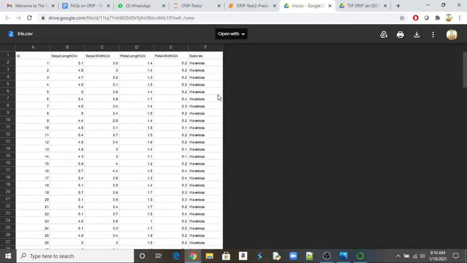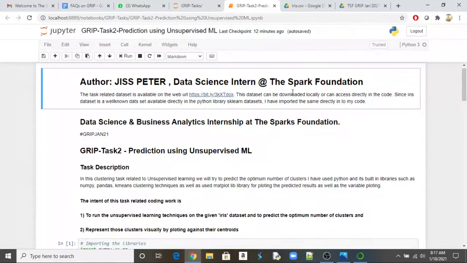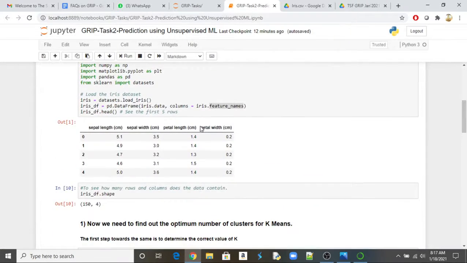If you look at this iris dataset, you can see the flower information, species details, then the sepal length, sepal width, petal length and petal width. These are the four feature columns, then the species. In this solution, I have given the URL and directly downloaded the data. First, I imported the basic libraries. Then I imported the dataset from sklearn using the load_iris function, instead of downloading locally.